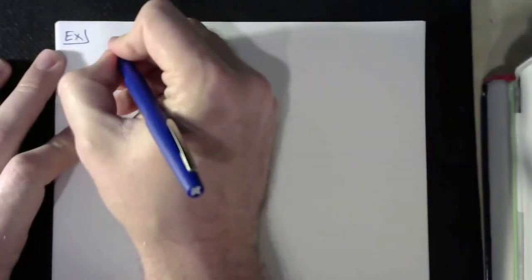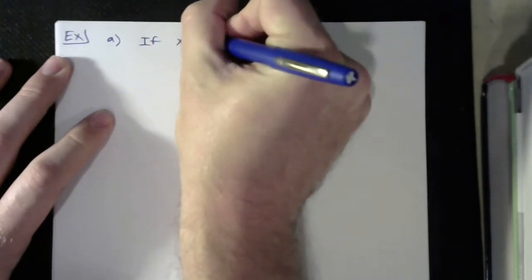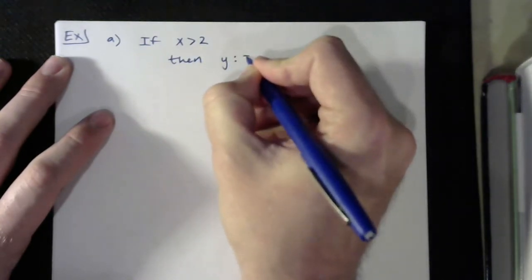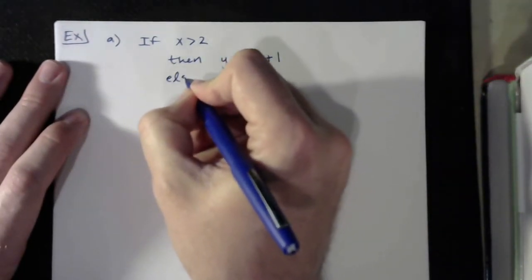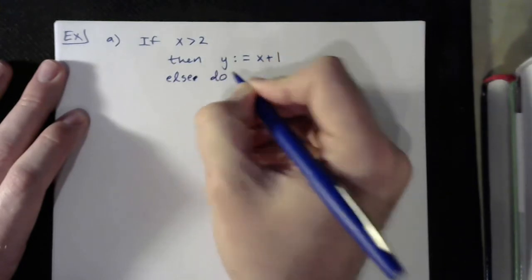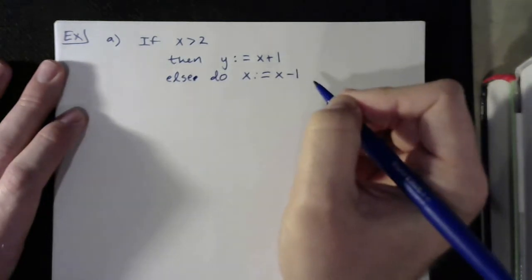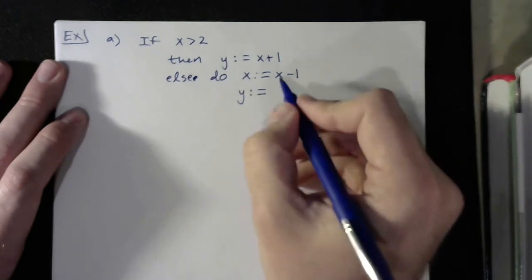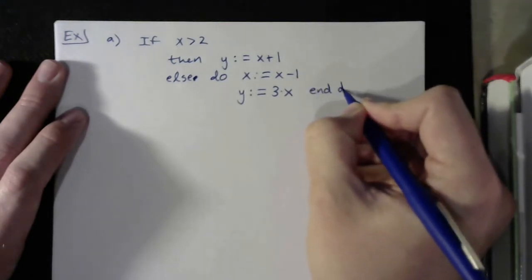So we're going to look at 2. We're going to have: if x is greater than 2, then y is defined as x plus 1, else do x is defined as x minus 1, and y is defined as 3 times x, and then we'll have our end do here.